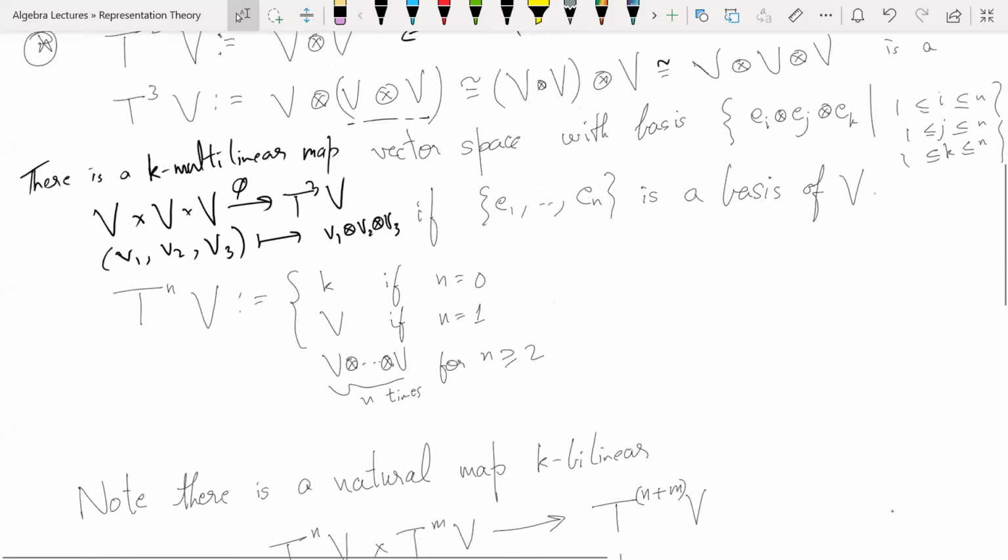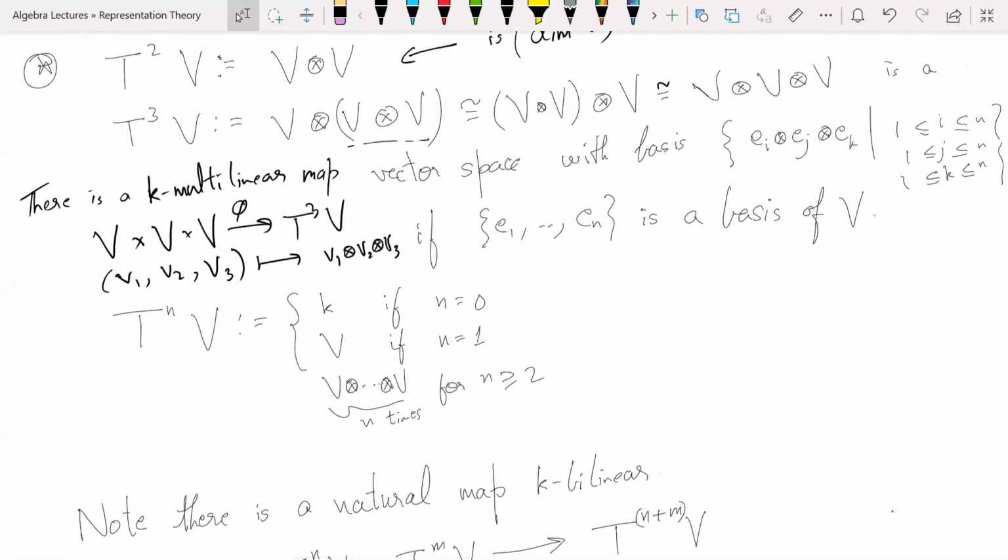So more generally, if you have V, you can define T^n V as the tensor product of n copies of V. By convention, if n is 1, then T^1 V is just V. And if n is 0, then the convention is T^0 V is the base field K. So the first two lines are convention.